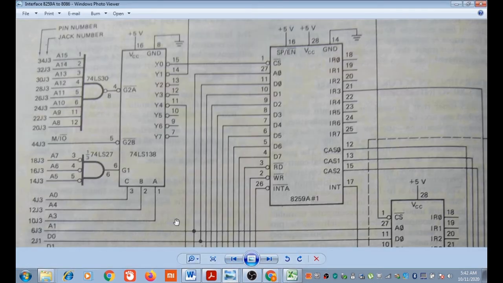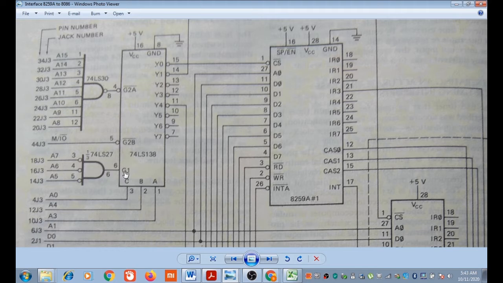Then what are the other address lines of 8086 involved in the selection of 8259A 1? See, A5, A6, A7 are involved. Then what should be the value of A5, A6, A7?